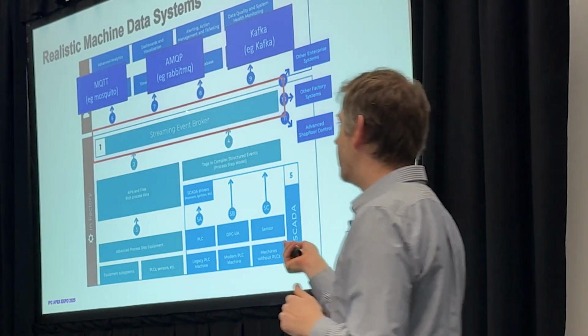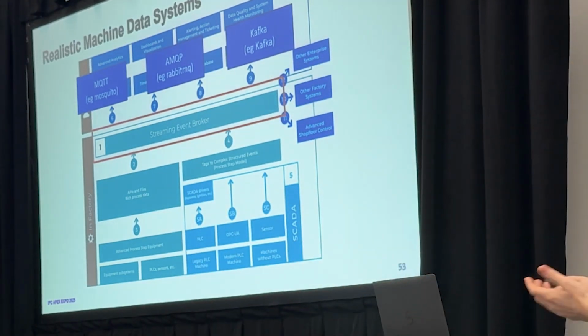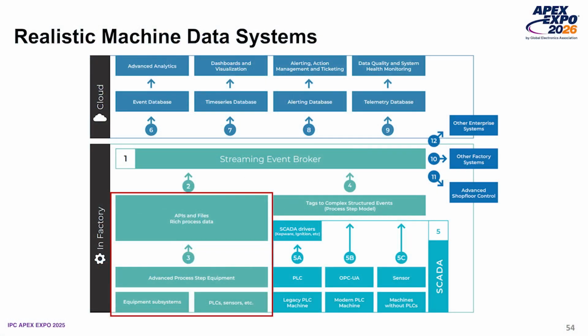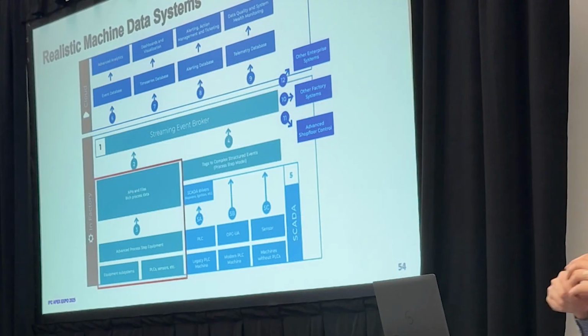But if you go downstream from there, to who is producing the data, you tend to find two very different kinds of systems. The first, call it advanced equipment, would be pretty much everything on your SMT line. It would be your testers, even probably your functional testers.